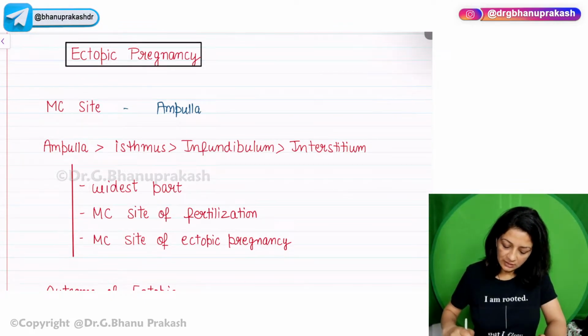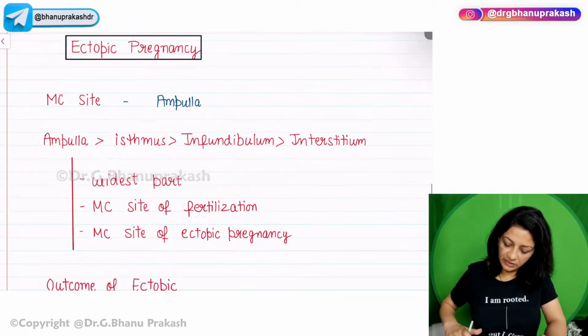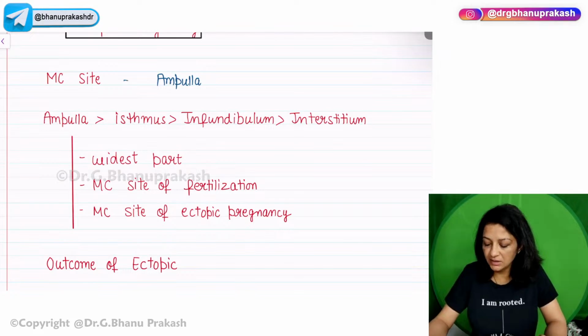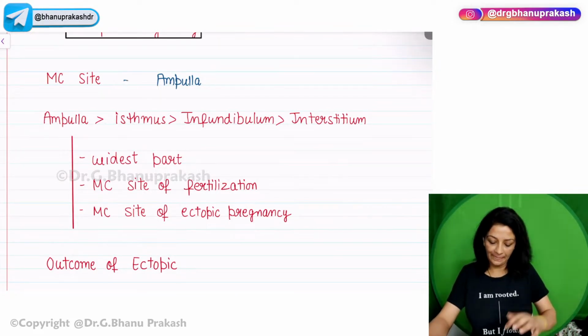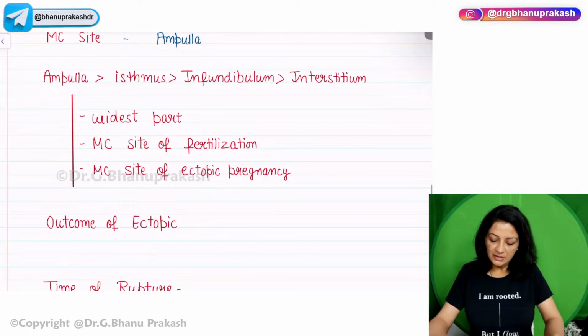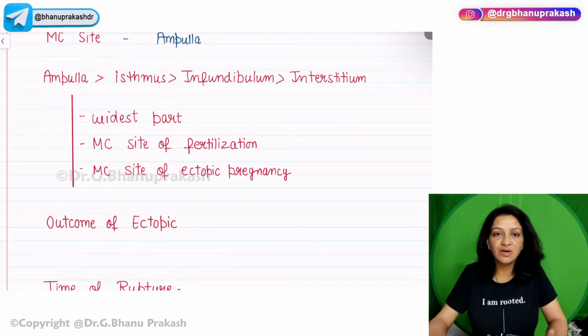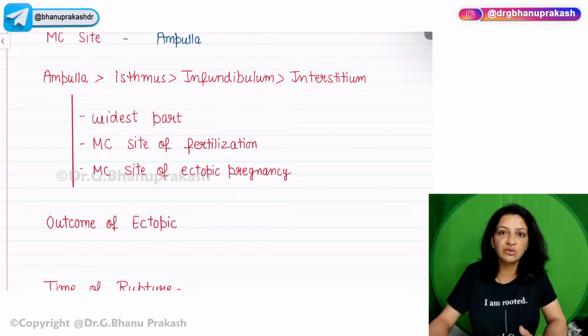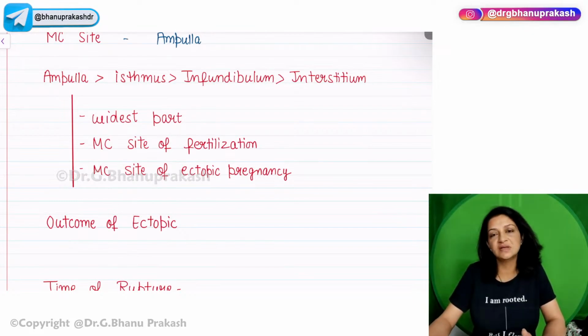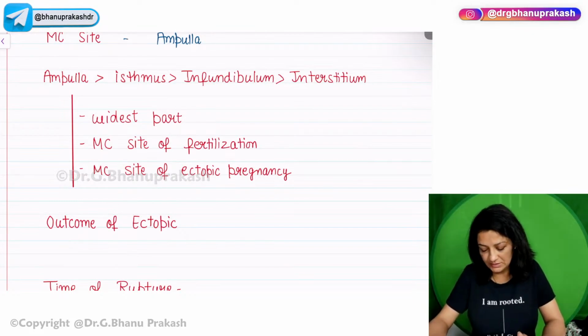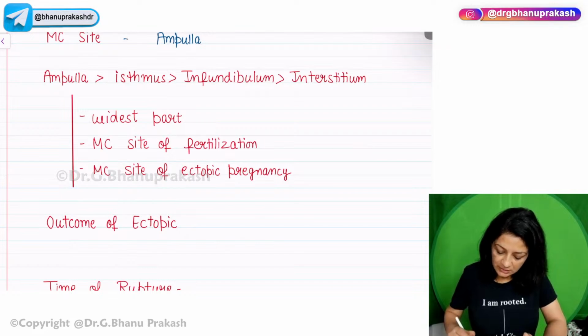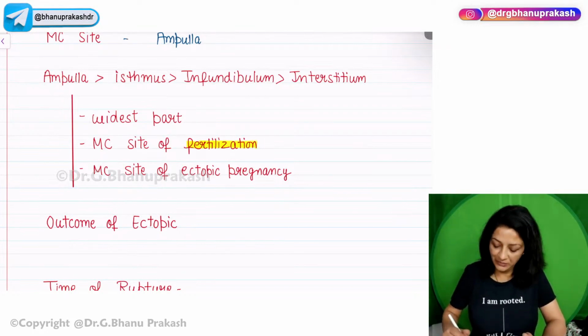Then isthmus, then infundibulum, and the last one is interstitium. As you know, the ampulla is the widest part of the fallopian tube, the most common site of fertilization and the most common site of ectopic pregnancy.